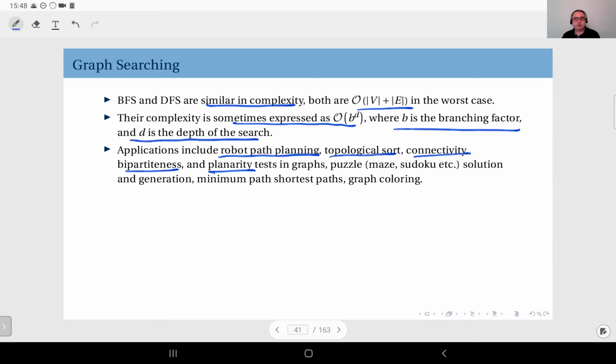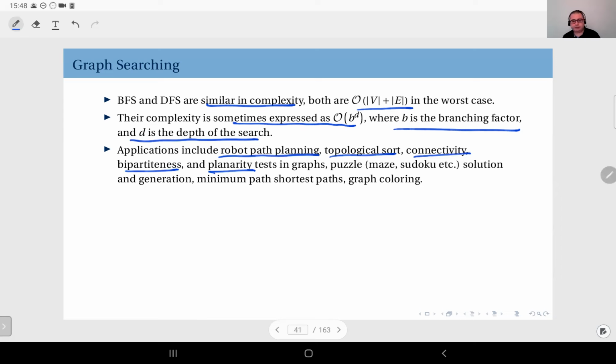For instance, with bipartiteness, you can perform a depth first search and assign colors alternatingly. And if you can find two partitions, you can conclude that you have a bipartite graph.